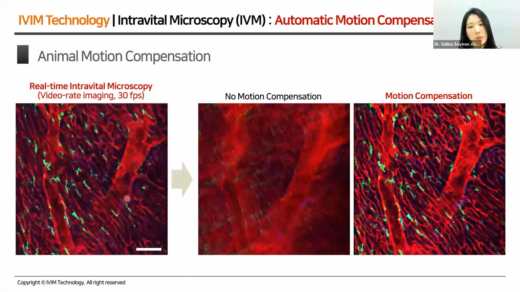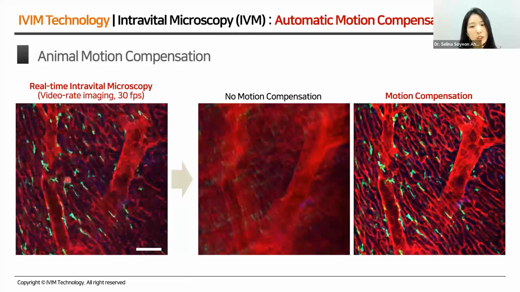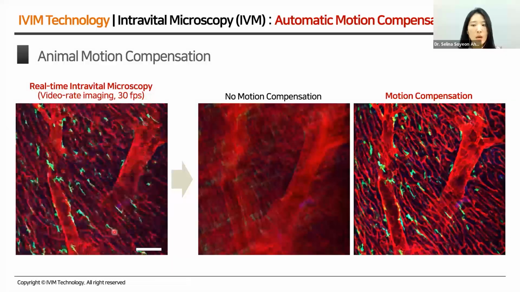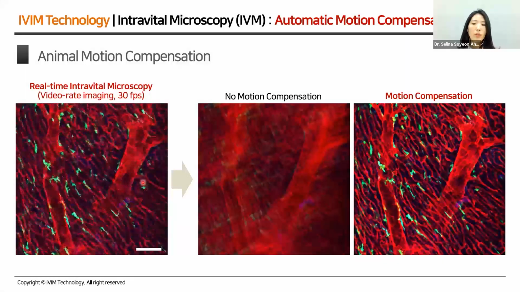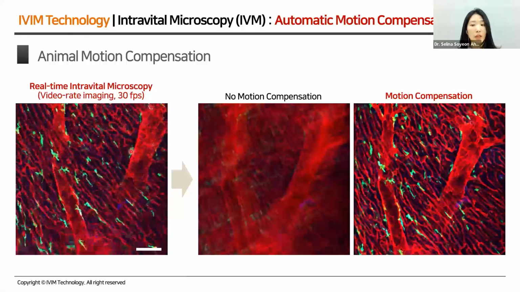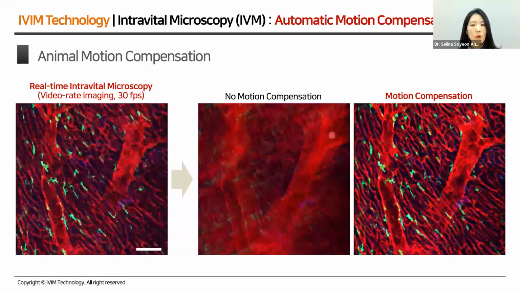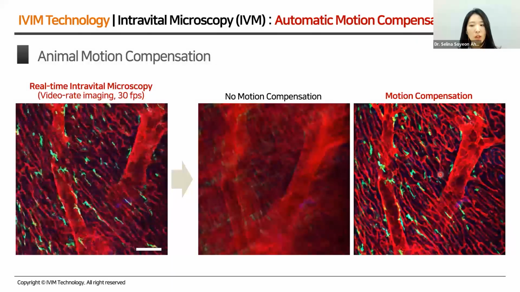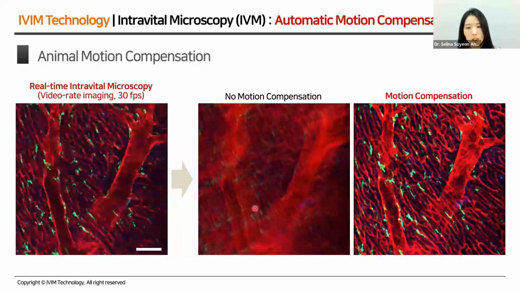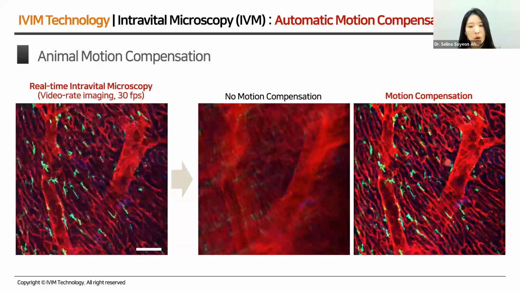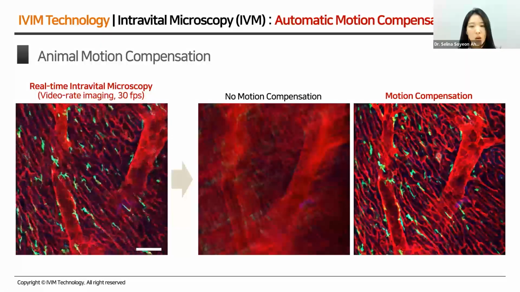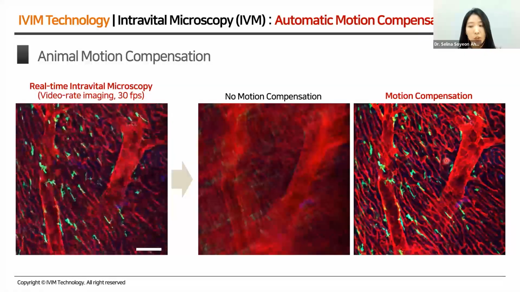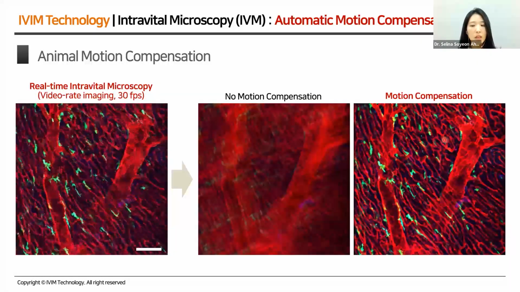This is an in vivo real-time video of heart imaging. So in this side-by-side comparison, even though the raw imaging data has a high degree of movement, when we apply the motion compensation function, we can directly acquire high quality, clear images without any shifting artifacts.